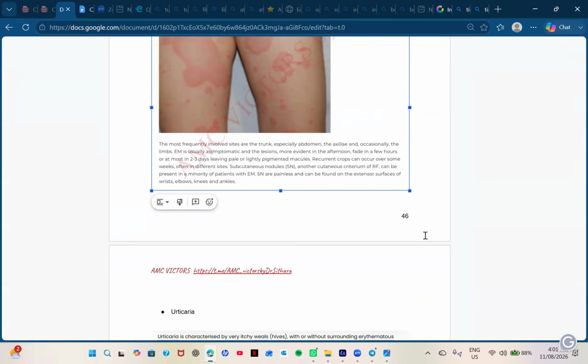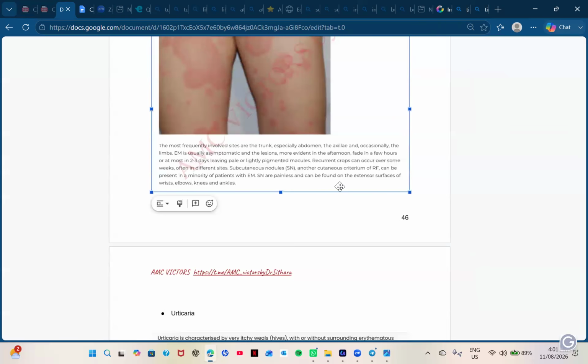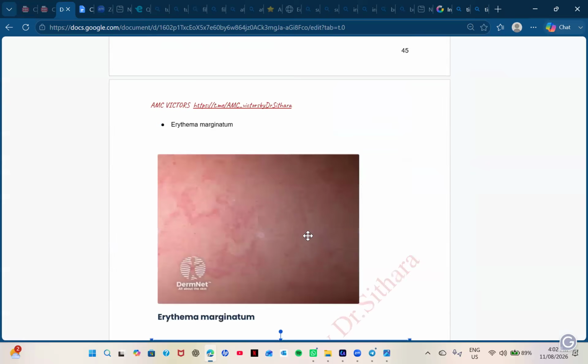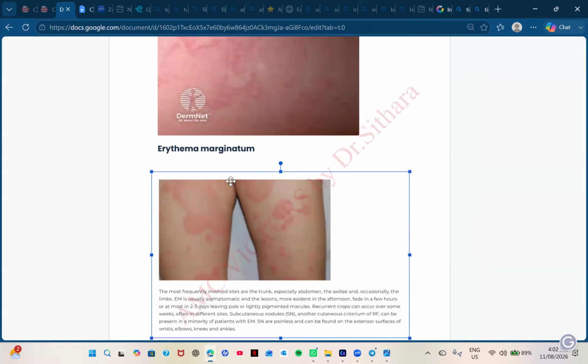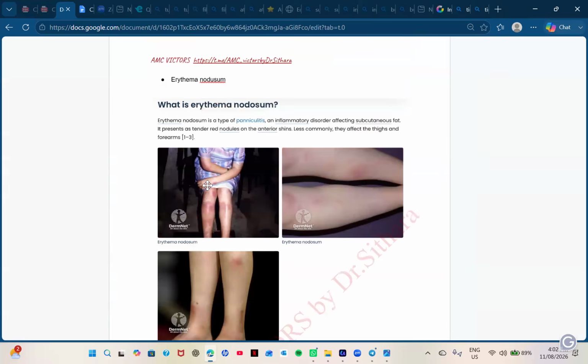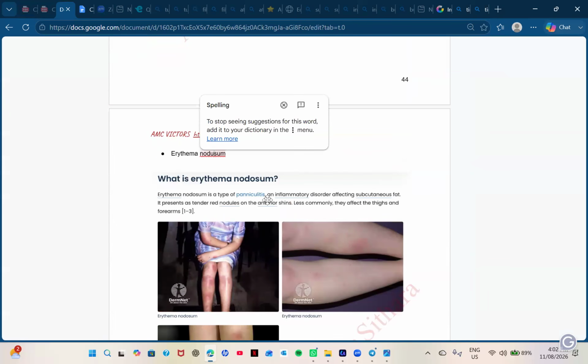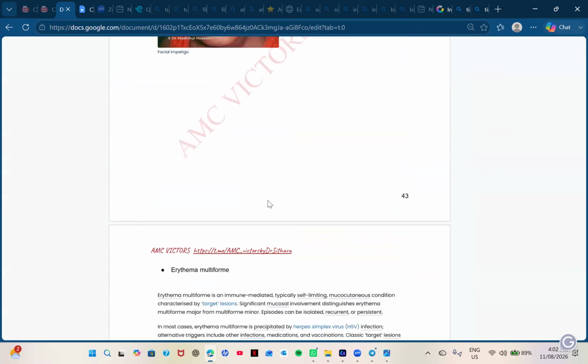Recurrent crops occur over some weeks, often in different sizes. Subcutaneous nodules and other cutaneous criteria of rheumatic fever can be present in a minority of patients. So it's associated with rheumatic fever. Erythema nodosum and erythema multiforme, very important, these three.